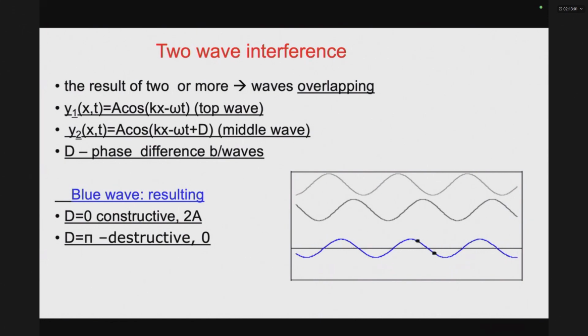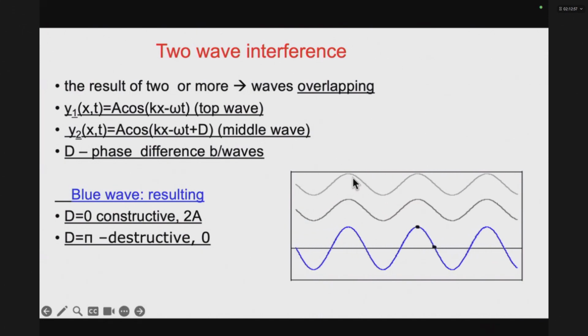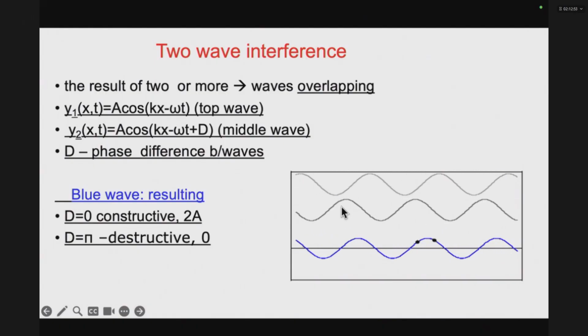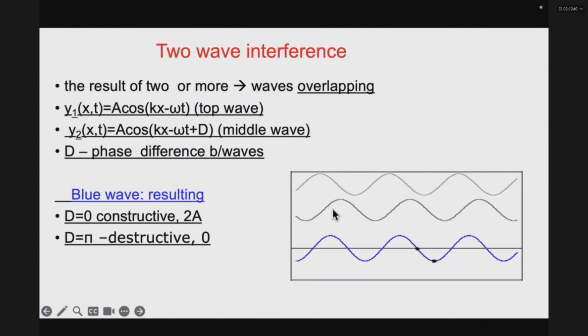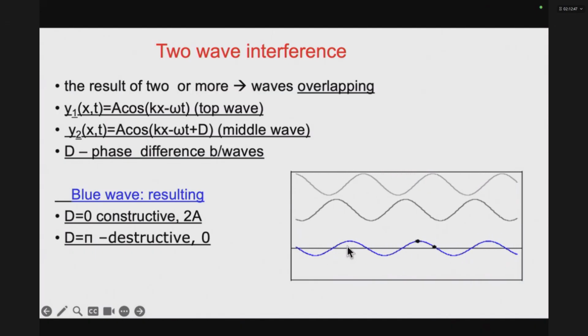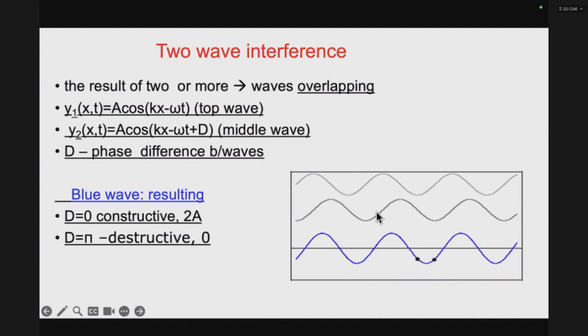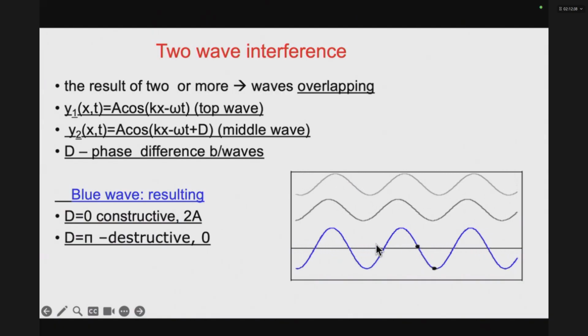To explain mathematically what we are speaking about, here are two waves on the top with slightly different phase. When the waves are in phase, the amplitude increases; the resulting wave is the blue one at the bottom. When the waves are in phase, the amplitude increases twice, but when the waves are in antiphase, the amplitude becomes zero.